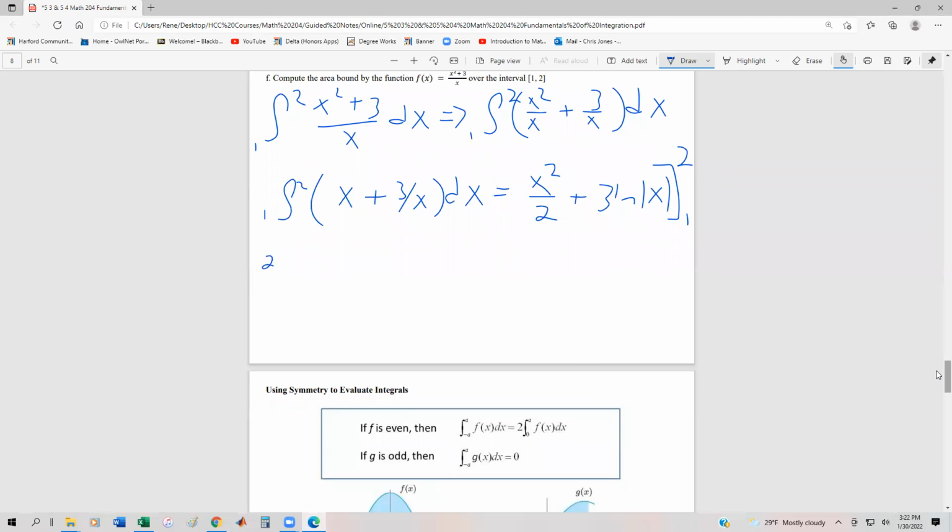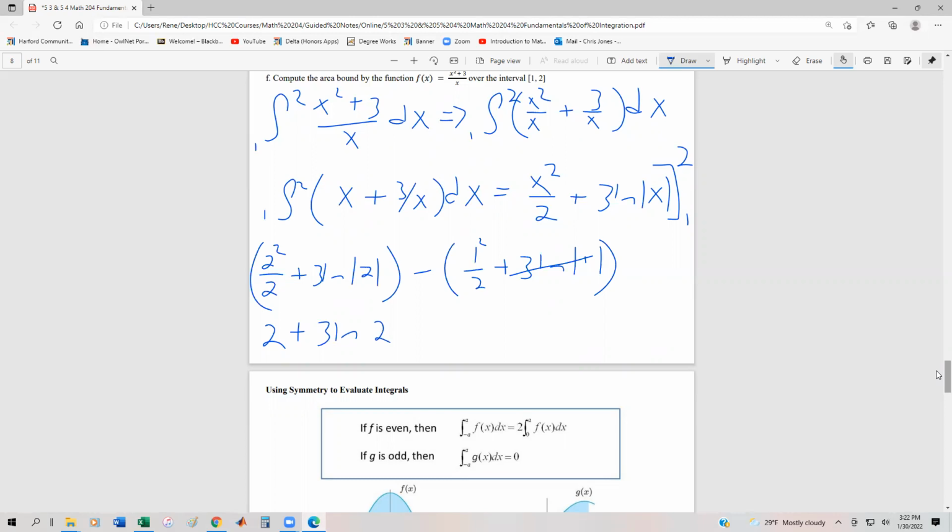So this is going to be 2 squared over 2 plus 3 ln of 2, minus 1 squared over 2 plus 3 ln of 1. Now to simplify this, natural log of 1 is 0, so that goes away. This is just going to be 2 plus 3 ln of 2, and then we have a minus 1/2.